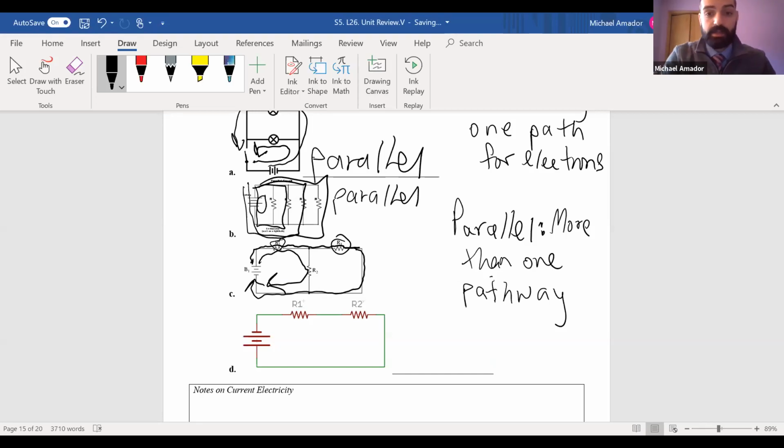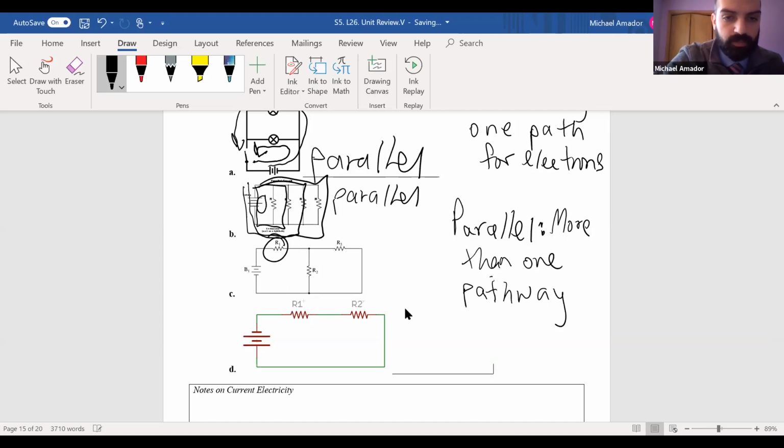So this is not series. This is actually a parallel circuit. And it's kind of like a combination series and parallel circuit, because you could think of it as if resistor 1 is in series with the parallel combination of resistor 2 and 3. But it's not just simply a series circuit. There's more than one pathway, so you could call it parallel.